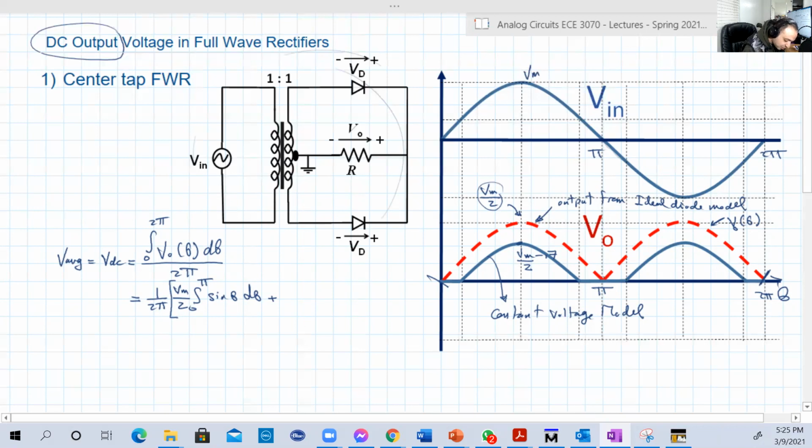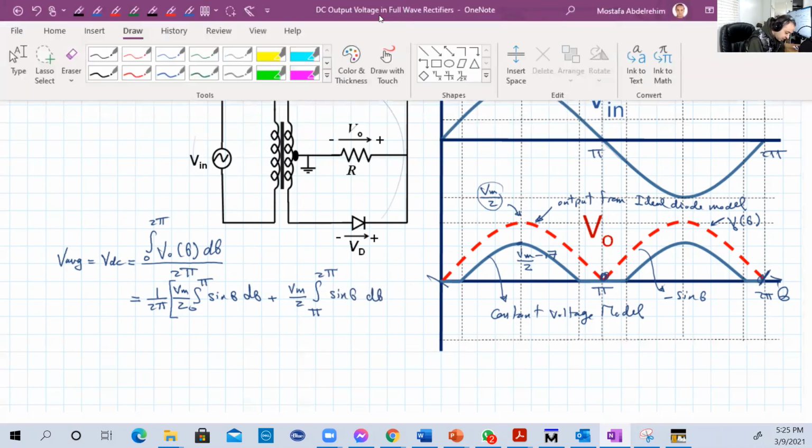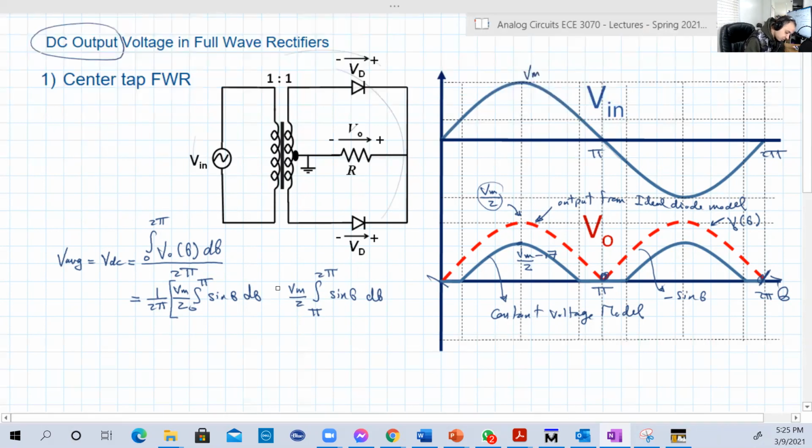So the function between pi and 2 pi is basically minus sine theta, of course multiplied by V maximum over 2. So plus V max over 2, integral from pi to 2 pi of sine theta d theta. Of course, it's minus, so we're going to change the relation in between here to minus.